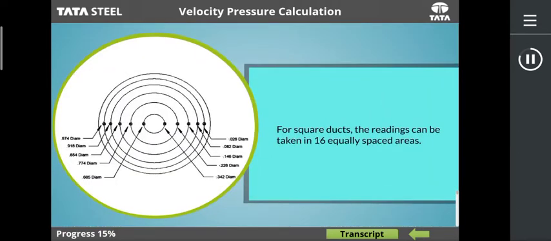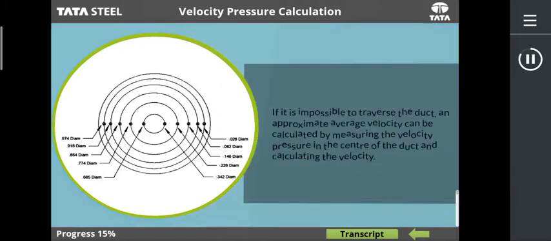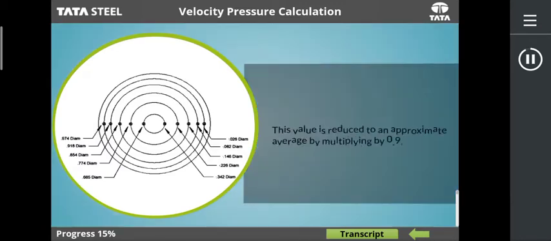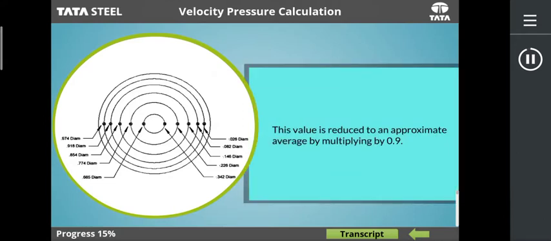For square ducts, the readings can be taken in 16 equally spaced areas. If it is impossible to traverse the duct, an approximate average velocity can be calculated by measuring the velocity pressure in the center of the duct and calculating the velocity. This value is reduced to an approximate average by multiplying by 0.9.